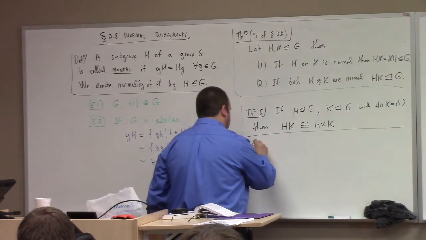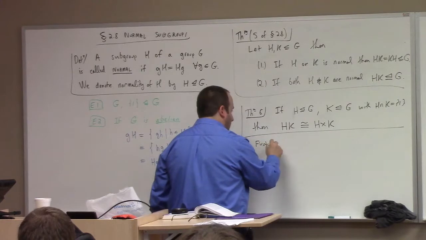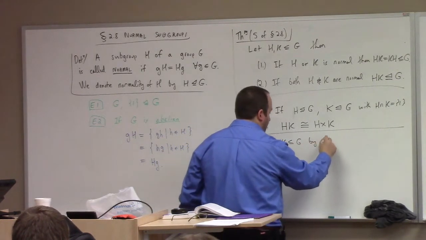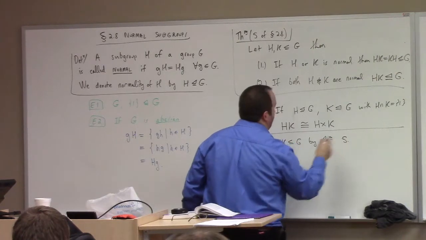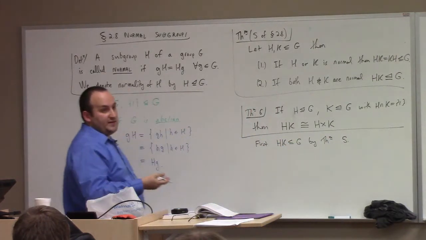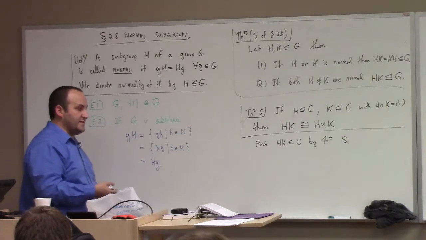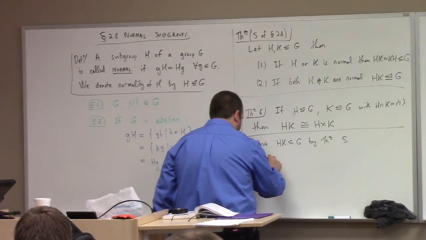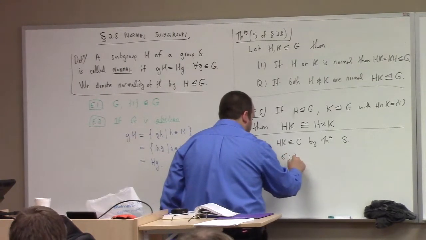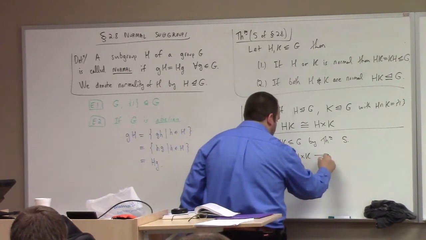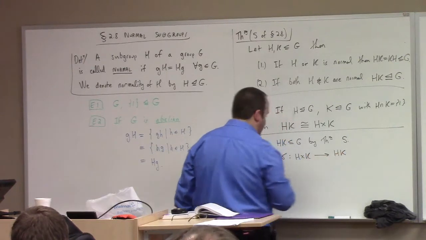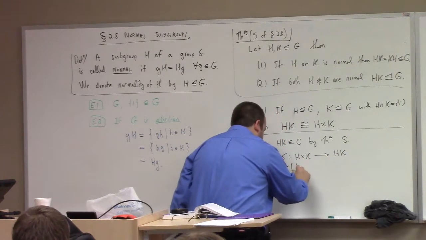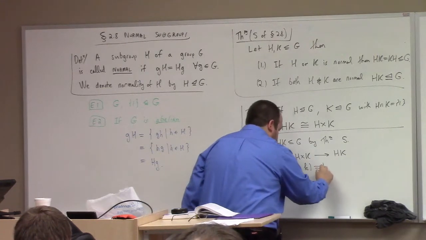I will talk about the proof of this a little bit. So first, HK is a subgroup of G by theorem what? By theorem 5. If H and K are both normal, then theorem 5 gives me that it's a subgroup. Then you can define sigma from H cross K to HK by sigma of (h,k) equals hk.